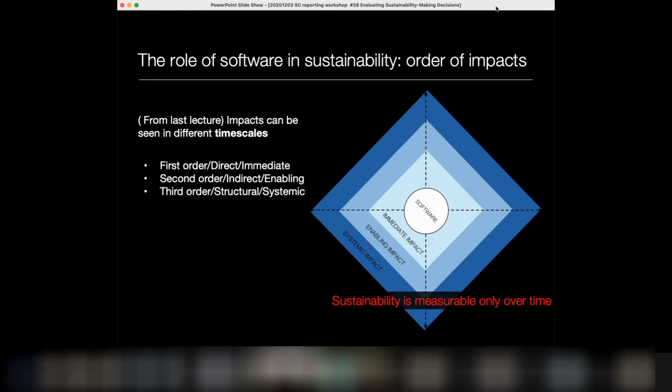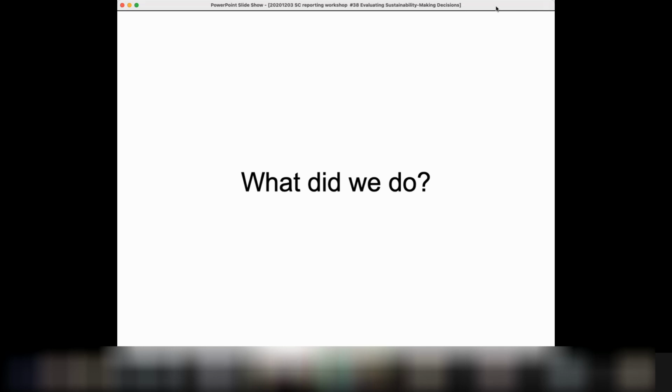You have to think in terms of immediate impacts within, for instance, the boundaries or the horizon of the current project, enabling impacts outside the horizon of the project but still relevant to consider in decision making, and systemic impacts, for instance, that would change the way we work in the organization or the way we do business, or even society at large. So this is the premise. We tried not to merge, but to link these two approaches on a sustainability timeline.